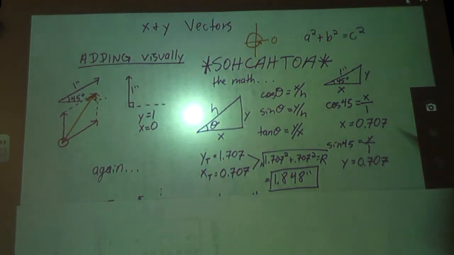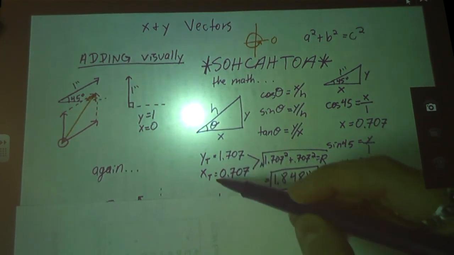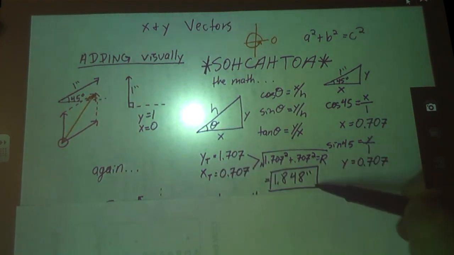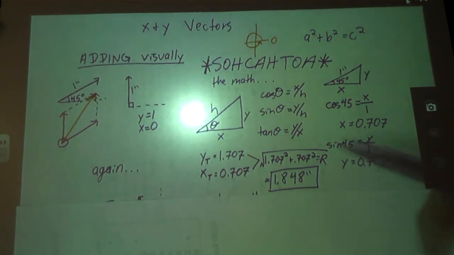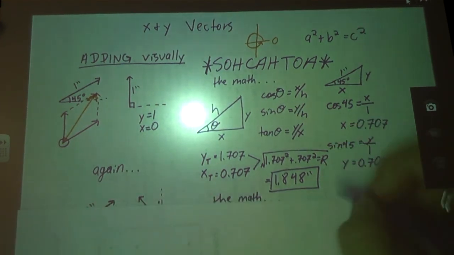I need an angle. And to find that angle, now I know the x side of my triangle, the y side of my triangle, and the hypotenuse of my triangle. So you can use any trig function your little heart desires. I like tangent or cosine personally. I'm going to use cosine in this instance. We need inverse cosine since we're looking for the angle.